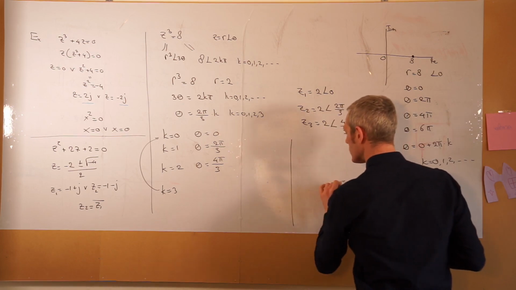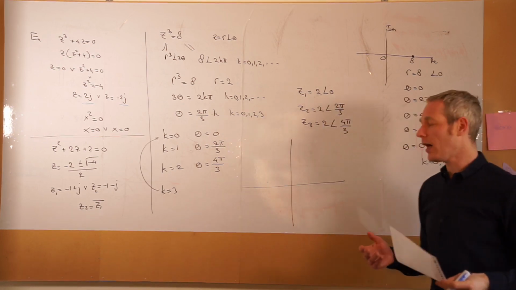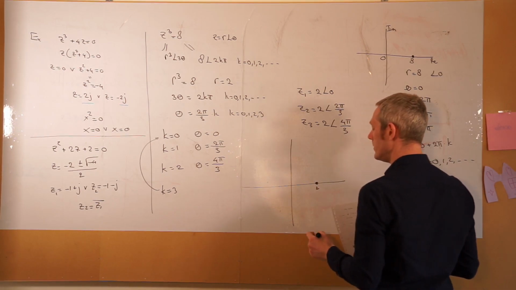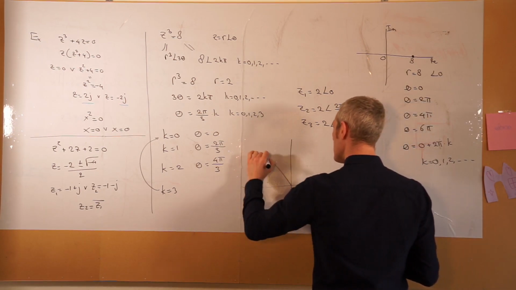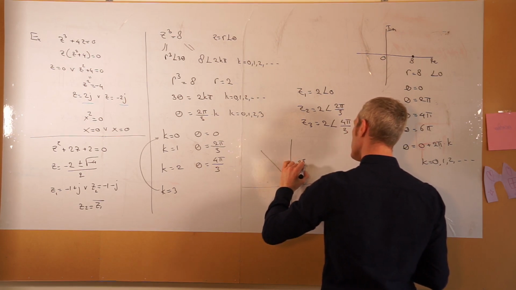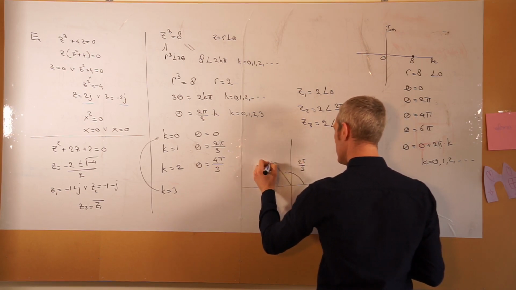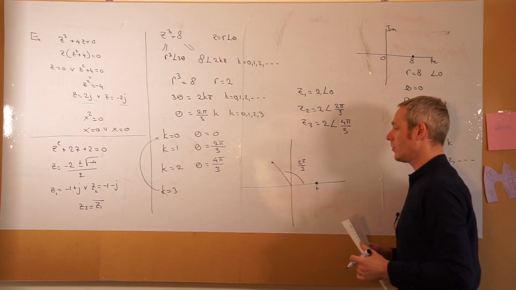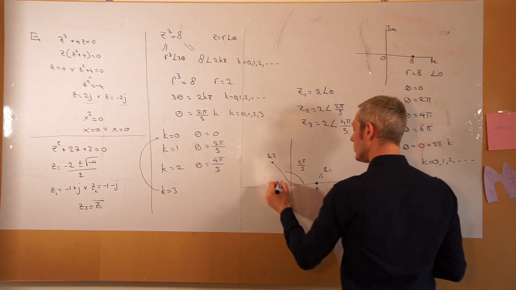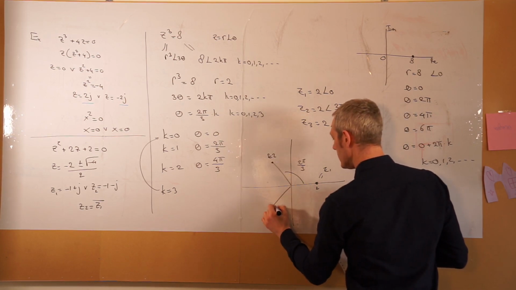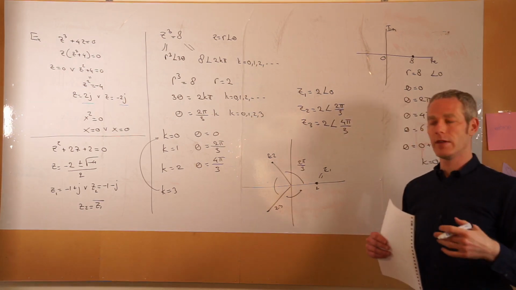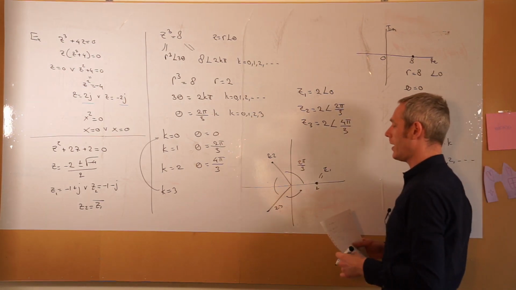Now, if I were to draw these in the Argand diagram, I would find the first one to be here, with an angle of 2 pi over 3, and with a modulus of 2, I would find, so this is Z1, we have Z2, and here will be Z3, and the difference in angle is all 2 pi over 3.